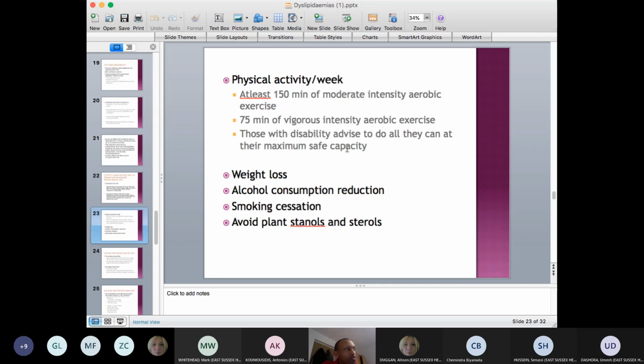However, one study has shown that if you do too much, especially vigorous intensity exercise, that can also harm your heart function. It can cause the heart to become impaired in terms of its function, because it's like a shock to it. Weight loss is recommended for those who have a lot of weight. Also reduce alcohol consumption, stop smoking, and avoid plant sterols and stanols.